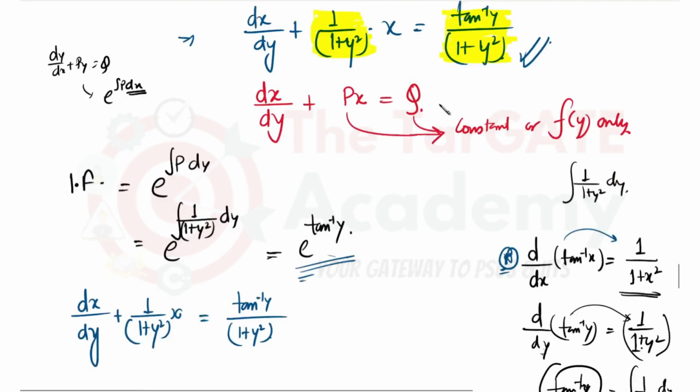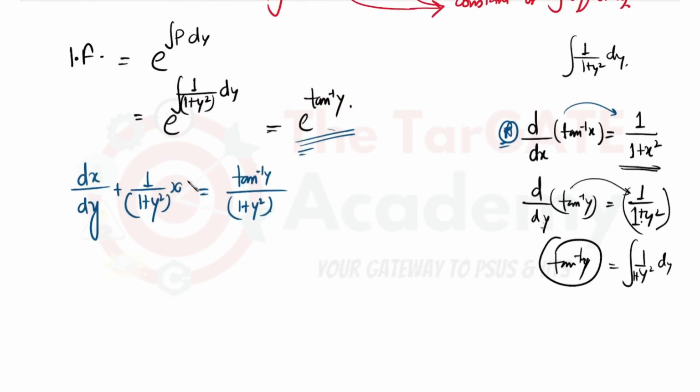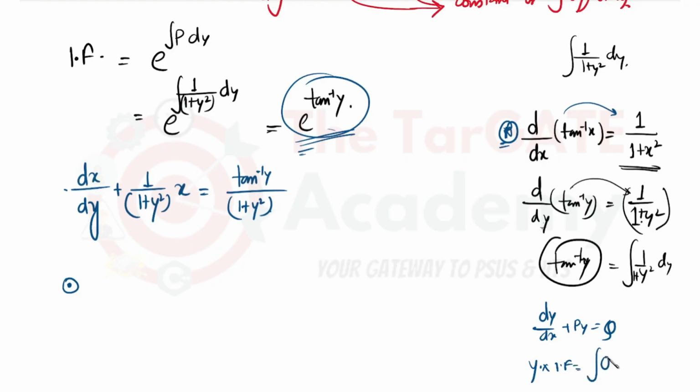Now if they say do one thing, solve this, then the first step, the integrating factor, you have already used, you have found out the value of the integrating factor. This was the differential equation with respect to x, so x was being differentiated with respect to y, and then we'll have to solve it. Earlier it was dy by dx plus py is equal to q, so the solution was y into integrating factor is equal to integration of q into integrating factor dx plus c.